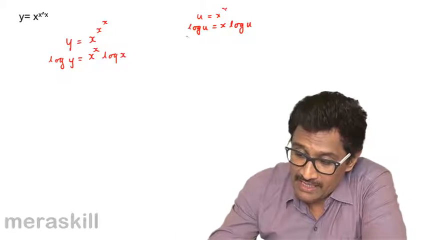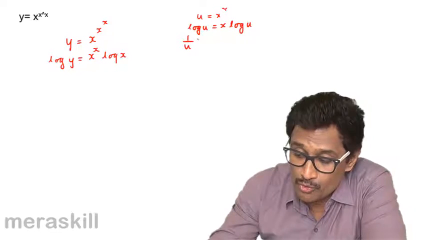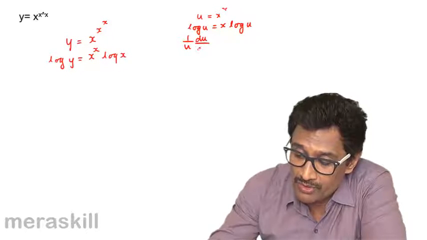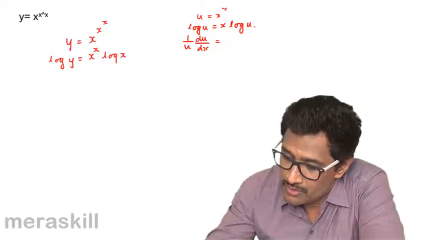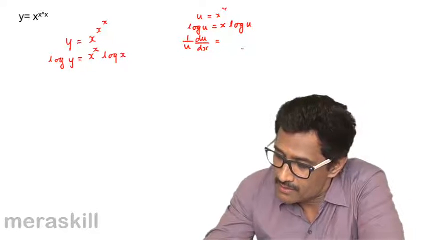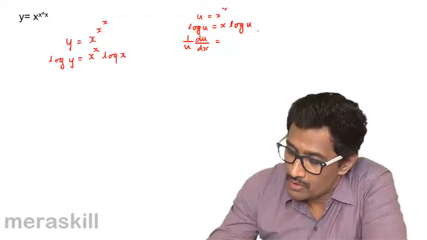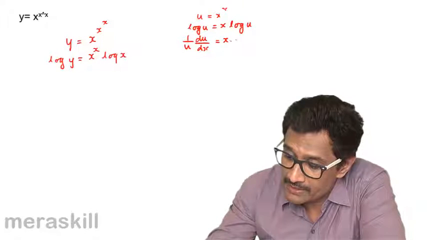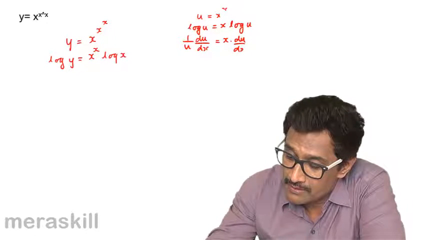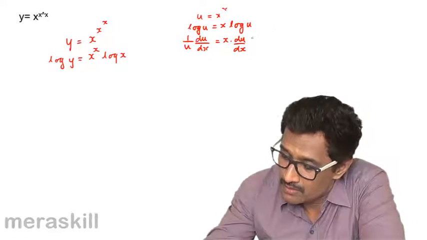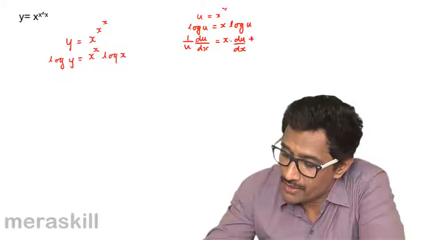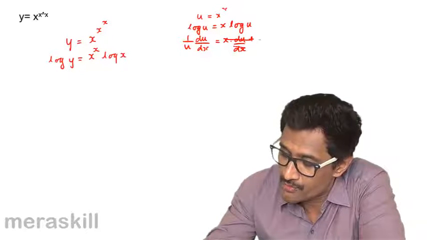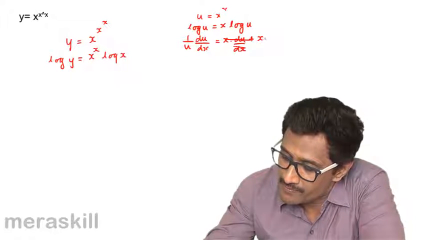So in that case, taking d by dx, 1 by u into du by dx is equal to x into log x, so this will give you x into 1 by x plus log x.